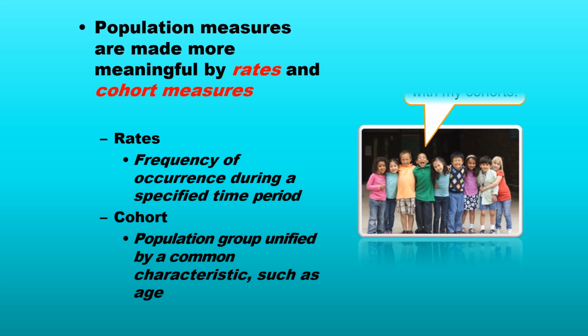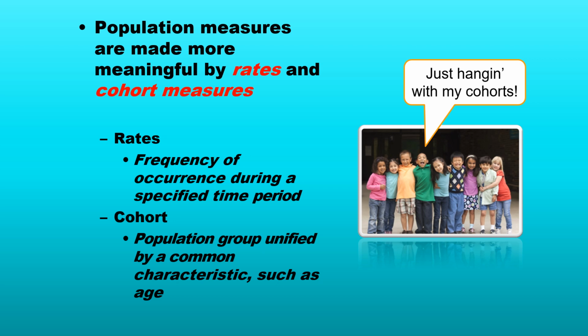Moving on to some of the other terms and concepts from the book. Let's see, rates and cohort measures. Like you have a birth rate, death rate, and so forth. So that's frequency of occurrence during a specified time period. We're going to be looking at maps of all the rates. What's a cohort?